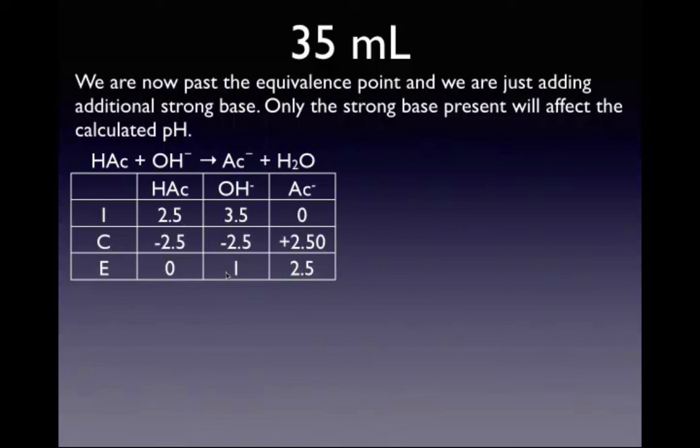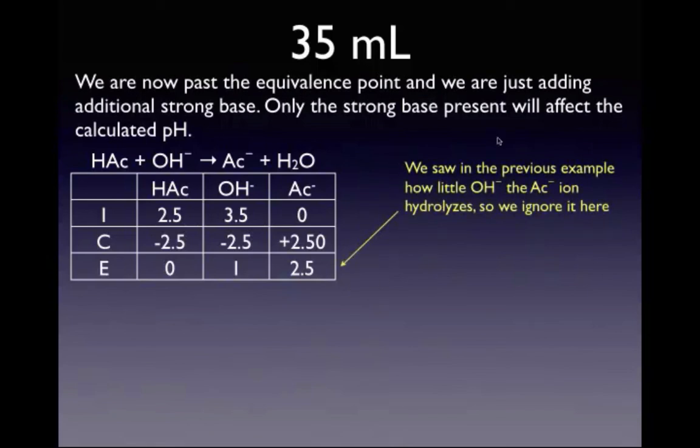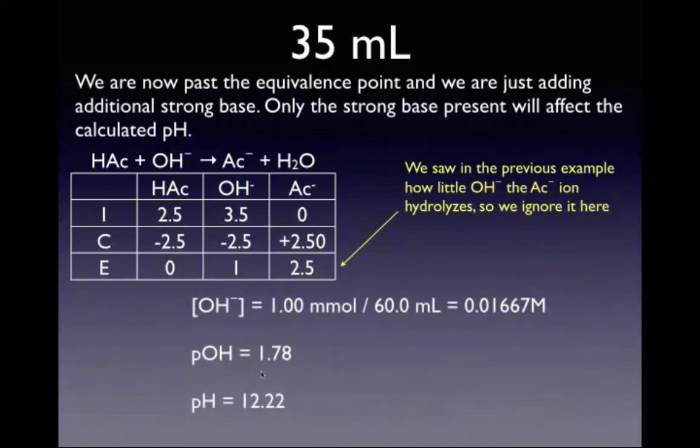That leaves me with 1 millimole of hydroxide and 2.5 millimoles of acetate ion. We saw in the previous example just how little the acetate ion contributes to the hydroxide ion concentration, so we're going to ignore it here. And again, we'll check that in just a second.